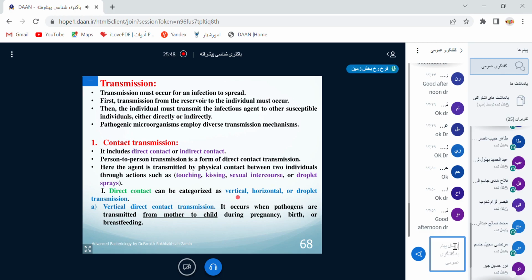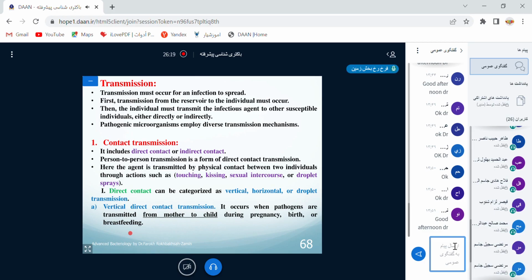First, we are going to go over vertical transmission. What is vertical transmission? Vertical direct contact transmission occurs from mother to child during pregnancy, birth, or breastfeeding.